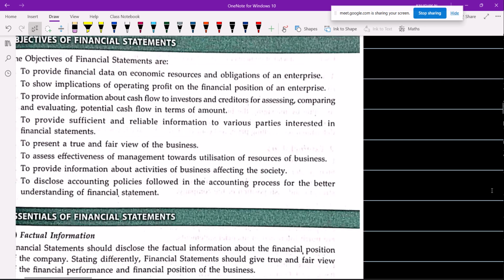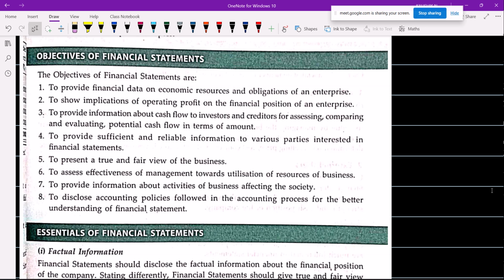The first and foremost objective of financial statements is to provide financial data on the economic resources and obligations of an enterprise.